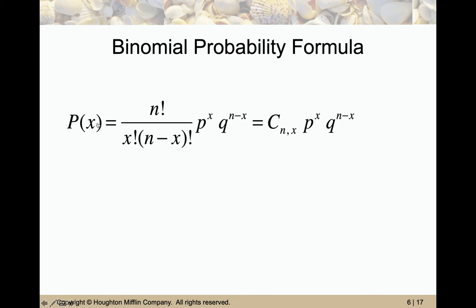The probability of getting X successes out of N trials is going to be the number of combinations when you have N objects choosing X at a time, times the probability of success to the X power times the probability Q to the N minus X. So it's P to the number of successes and Q to the number of failures. Remember, the number of combinations when you are picking X objects out of N objects is N factorial over X factorial times N minus X factorial.